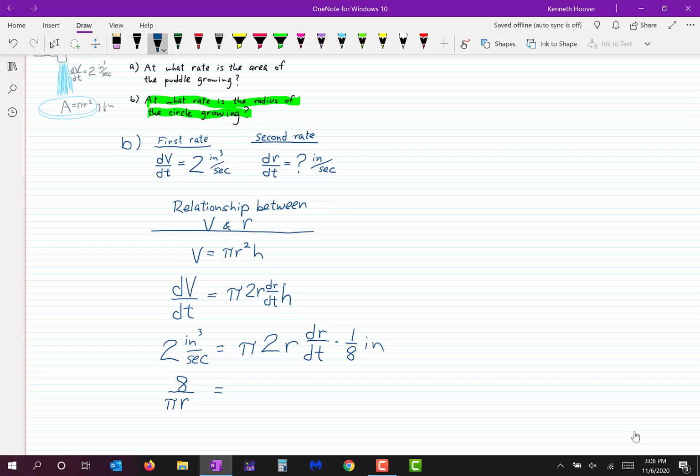Do you agree with that? Because the 2's canceled. The pi and the r we divided by 2, and that's why the 2's canceled. We divided by pi and also r, and that's why they ended up on the bottom. We multiplied both sides by 8, and that's why there's an 8 on top. Okay. What's left on the right side? dr dt. What are the units going to be? Well, I did have cubic inches per second.